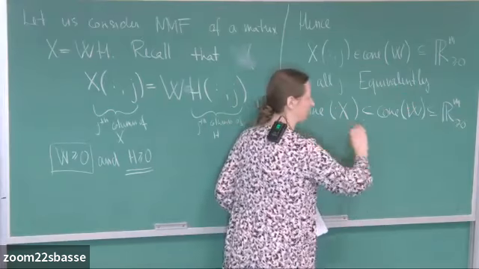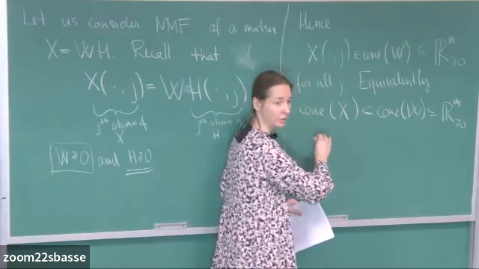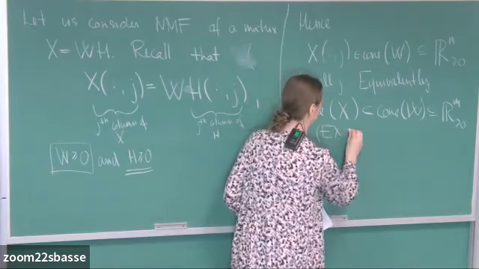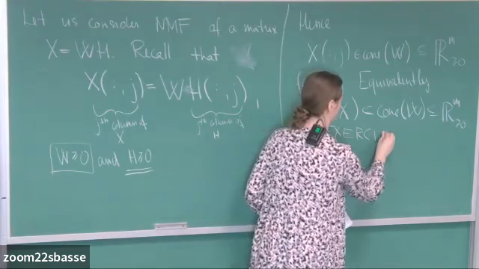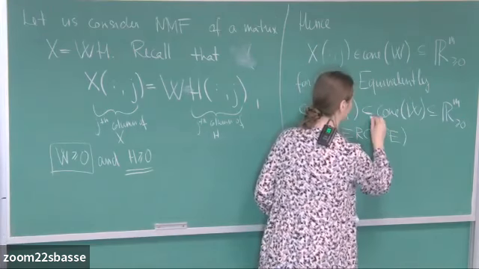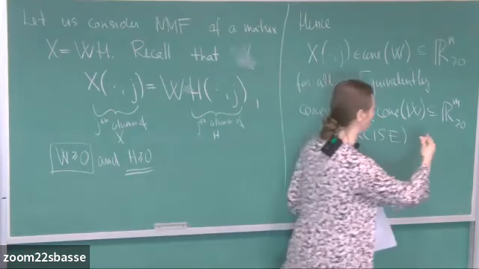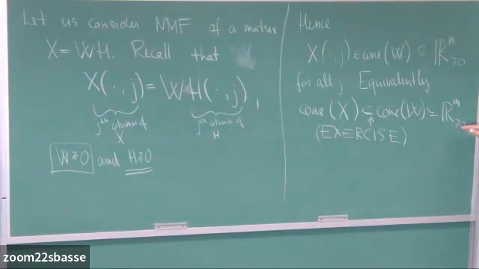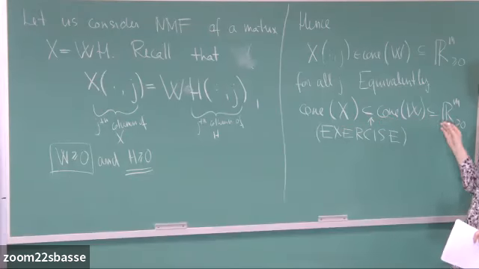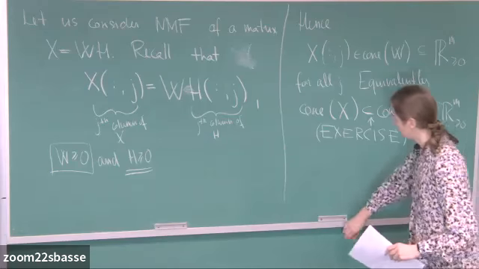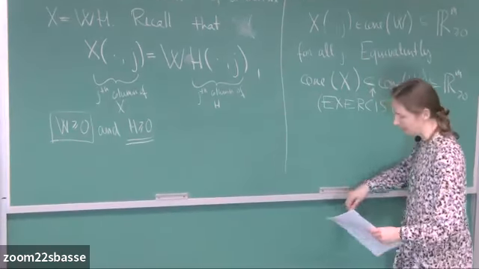This first containment is an easy exercise using the definition of cone. I think it's good if we think about it more tomorrow. And also the non-negative orthant is a cone. Dr. Dinle mentioned it yesterday, but we really have an inclusion of three different cones. Okay, and this is called a nested cones problem.